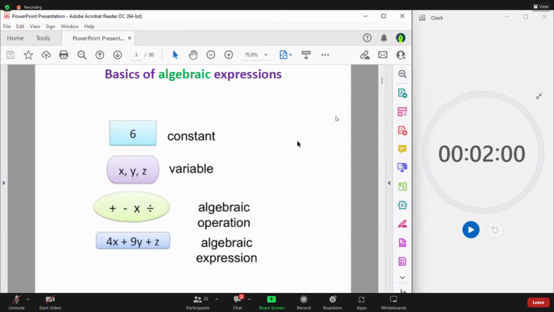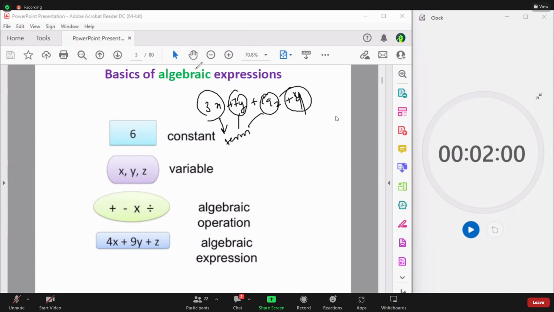Okay, so let's say we have written x plus y plus z, or 3x plus 7y plus 19z and plus 4, then each of these is a term. All these 4 values which are separated with the help of the addition sign are terms.